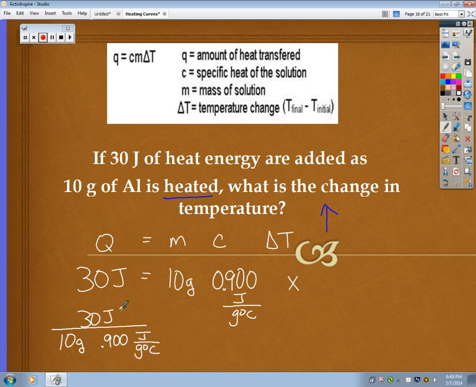Look what happens. My joules cancel, my grams cancel, and I have 1 over degrees Celsius, which means in math that flips out, and I'm left with degrees Celsius, and my degrees Celsius is 3.33 degrees Celsius change. It's about 3. Okay, I'll just check my math and make sure I'm correct. Yeah, so it's 3.33.